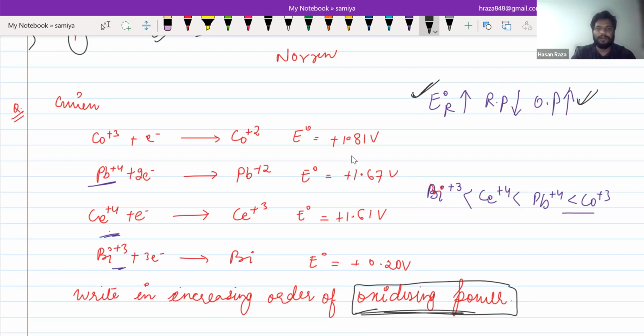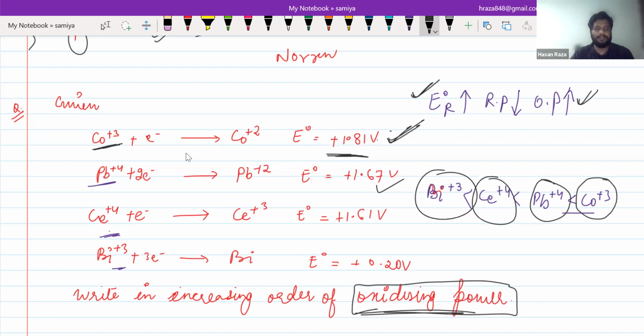So just choose it. The Co3+ has the maximum, +1.81, so it will have more oxidizing power than Pb4+, then Ce4+, Bi3+. Is that clear to everyone? Rim and Darshan especially.